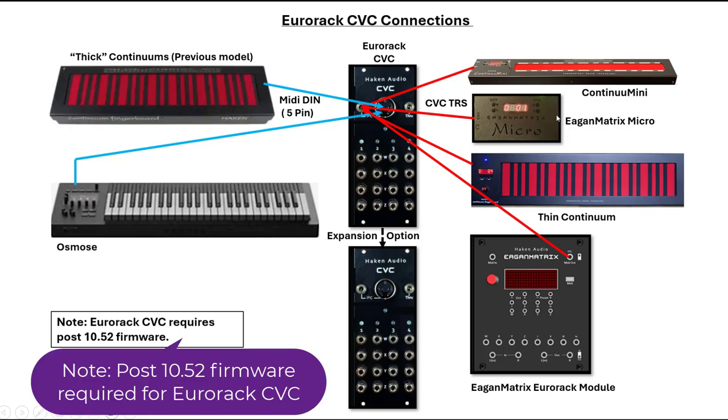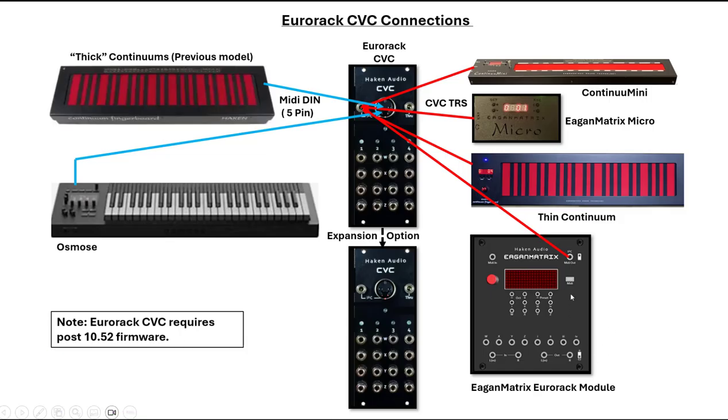Continuum Mini, EaganMatrix Micro, Thin Continuum, and the EaganMatrix Module all connect up using a TRS connection to the I2C TRS port on the CVC. The older Thick Continuum connects with a 5-pin MIDI DIN connector, as does the Osmos.